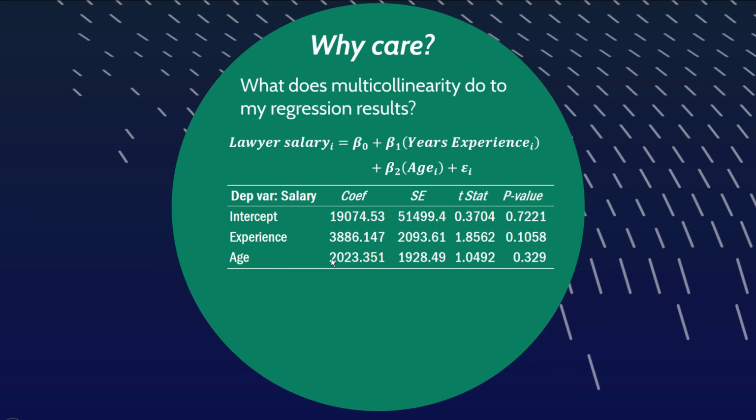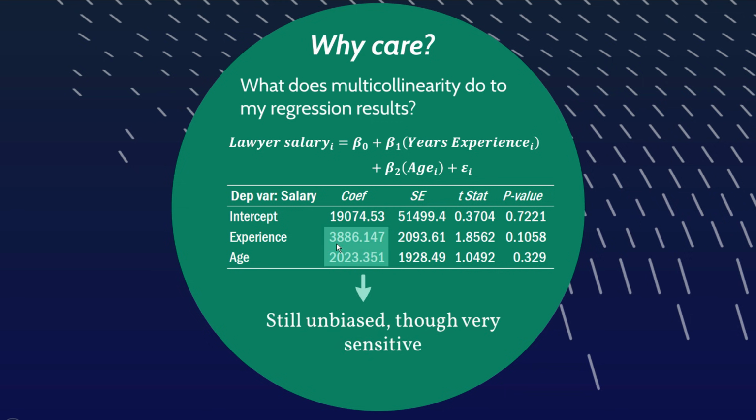Now for age, something similar happens. For an increase in 1 year of age, you're expecting an increase in about $2,000 to your salary. Now each of these coefficients has standard errors associated with them. And again, if you've seen my previous videos, you'll know how to interpret these plus the p-value as well. But what part of this output does multicollinearity infect?